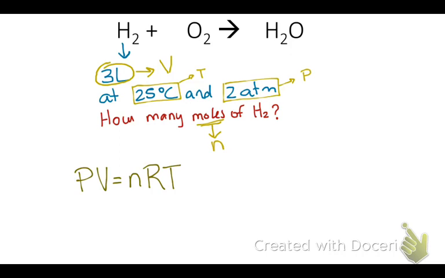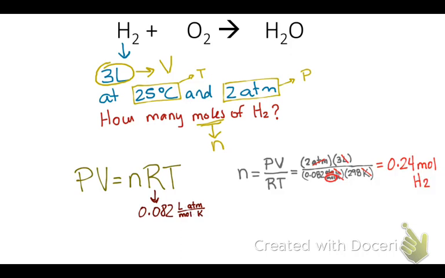Temperature always in Kelvin, and the constant here will be 0.082, and remember that it has mixed units because it has liters, atmospheres per mole Kelvin. So this is how we calculate the result. We just isolate n, we replace the variables, and we do the calculations.